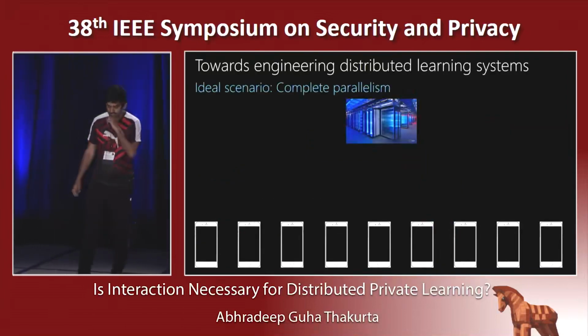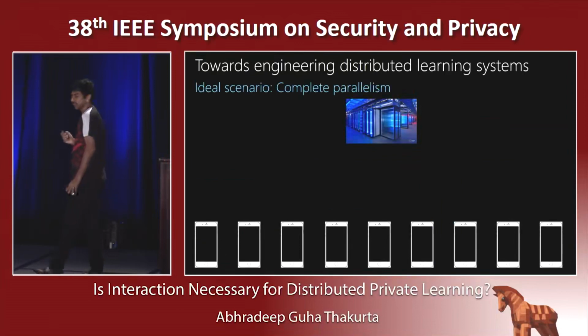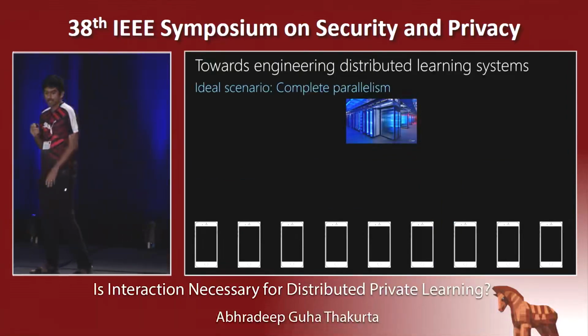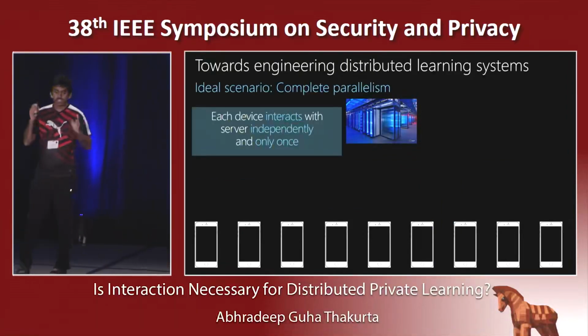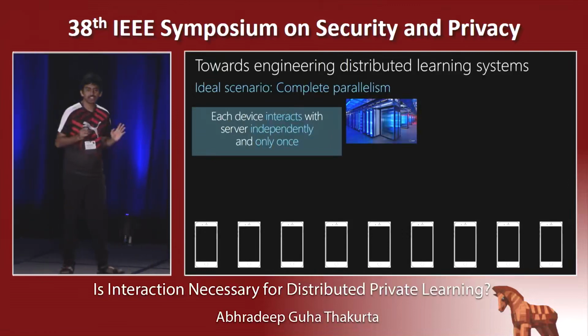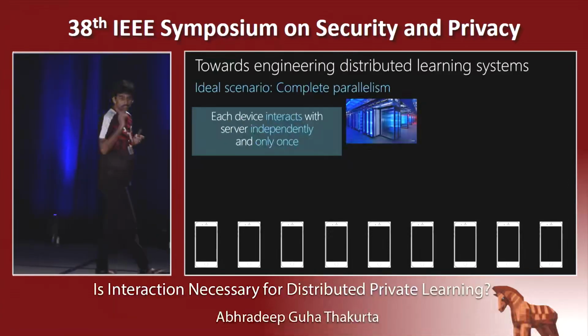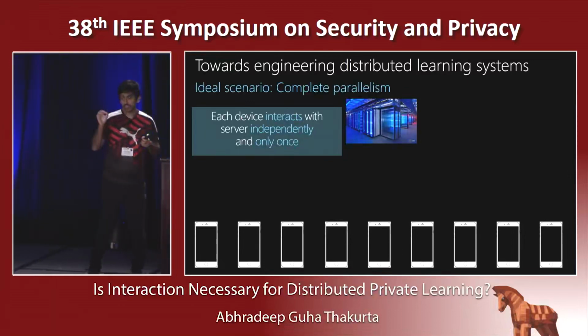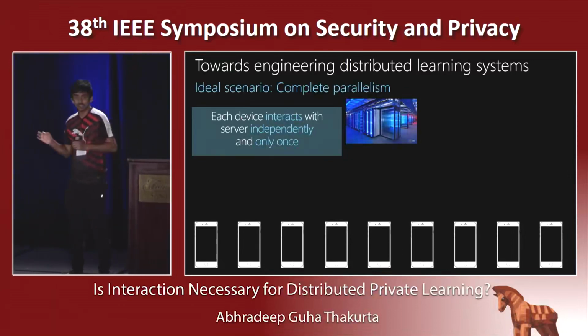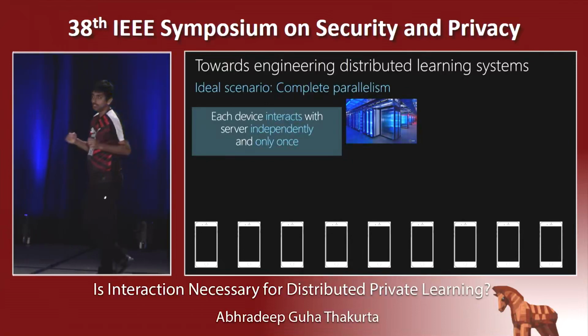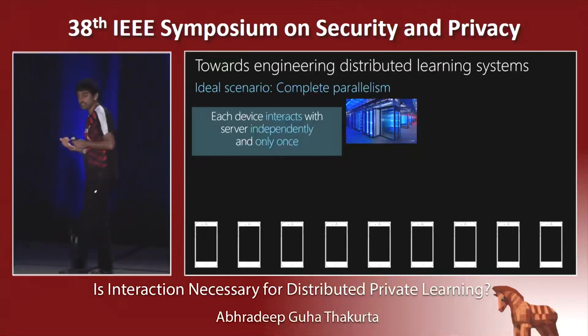So what is complete parallelism? Let's delve a bit deeper into that. Each device interacts with the server independently and only once. Both these terms are important. The server wants to interact with the devices independently, so one interaction with one device should not be influenced by the interaction with another device. At the same time, you want the server to interact with the device only once, because the device may not be up all the time.